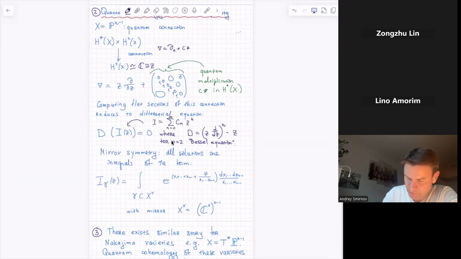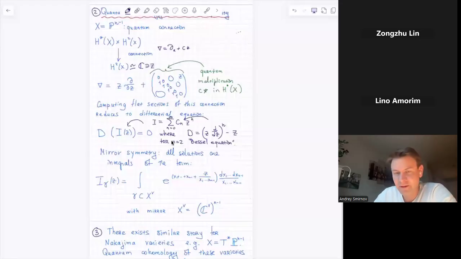These coefficients are rational numbers, but you can think about them as numbers which compute the number of curves of degree n in projective space.